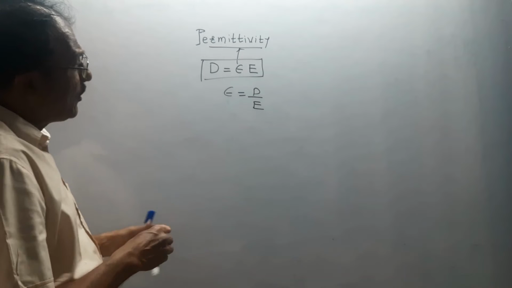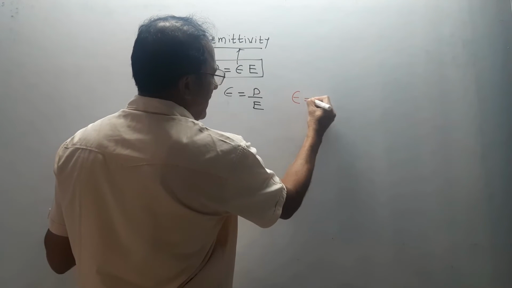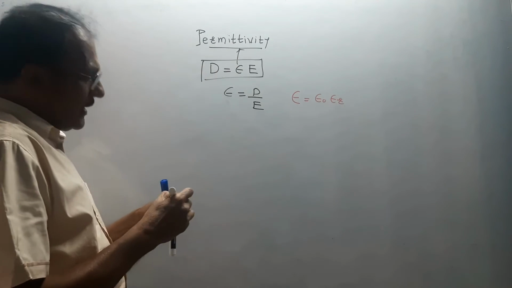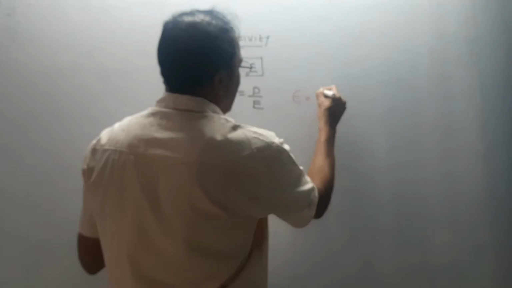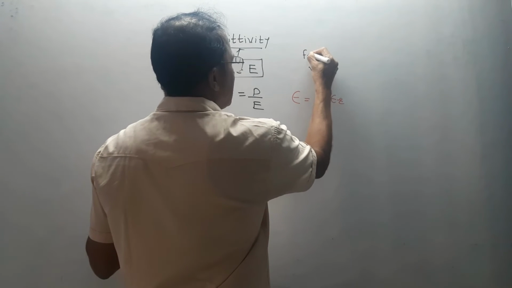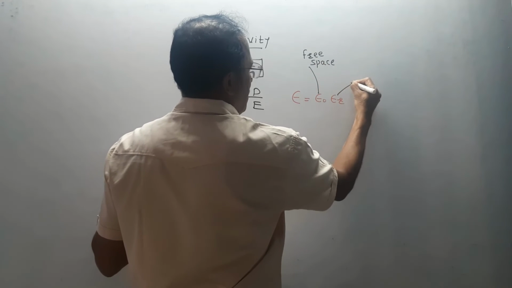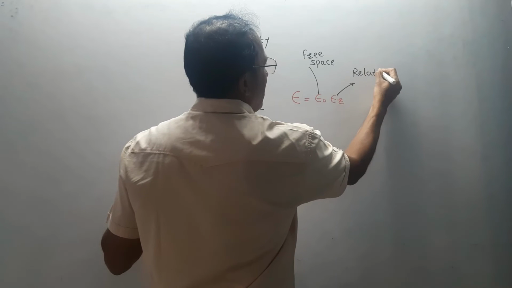Now, one more important term related to permittivity: epsilon can be written as epsilon 0 into epsilon r. Epsilon is permittivity. Epsilon 0 is permittivity of free space. Epsilon r is known as relative permittivity.